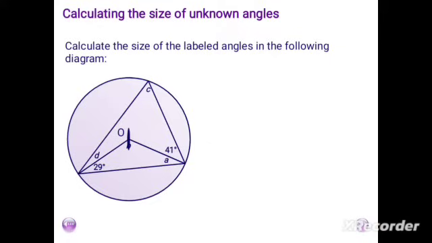So we have been given two angles, that is 29 degrees and 41, and the unknown angles labeled with the letters A, C, and D. Very first, we can say that A is equal to 29 degrees because the base angles of isosceles triangles are equal.